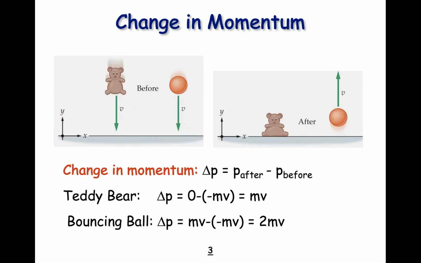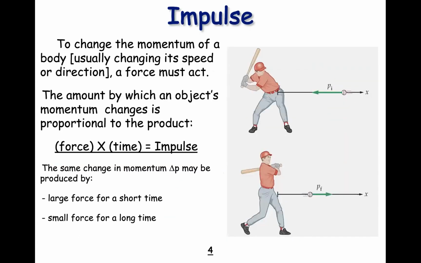Well, that leads us to the next slide, okay, which is the answer to that, which is in order to change the momentum of an object, a force must act on it, okay? And specifically, we can get units of momentum if we take force and multiply by time. So if we take newtons times seconds, we end up with kilograms meters per second.